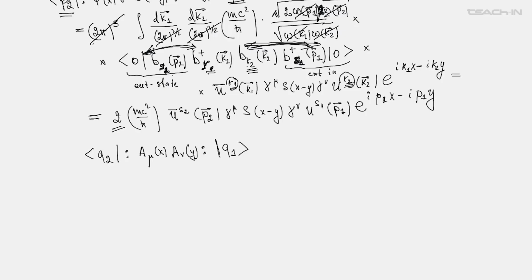So now I substitute the expansion of the electromagnetic field. That becomes a bit complicated, because here we have to take into account all creation annihilation operators which are inside A mu. And let's do that. So again, there will be two integrals.